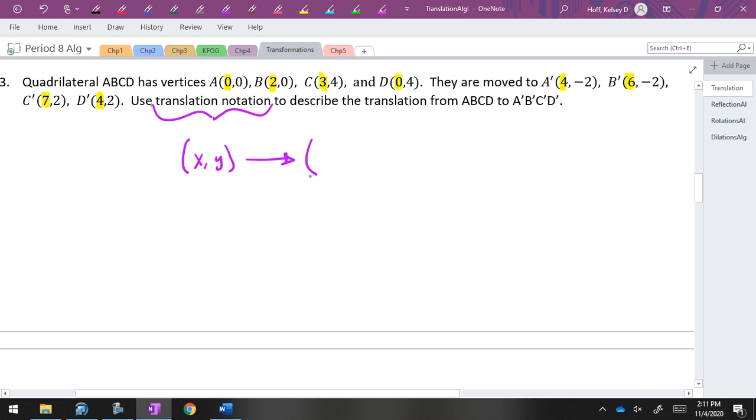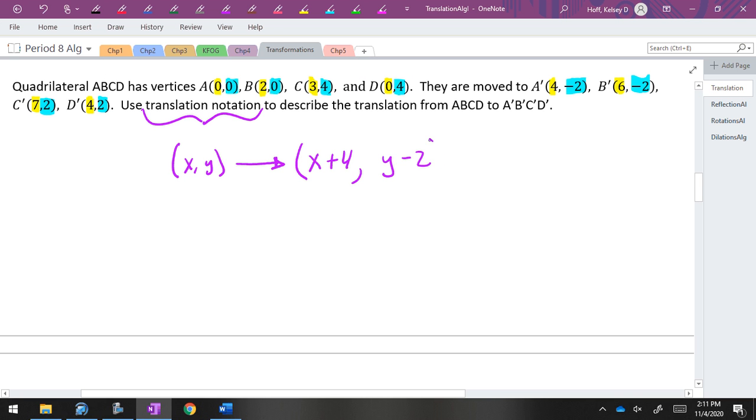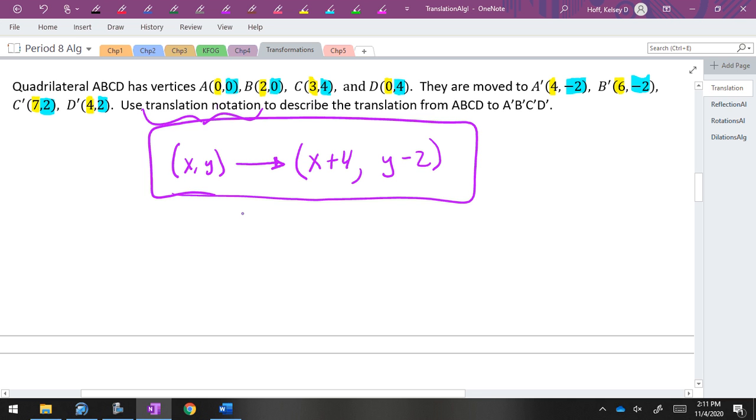So your X value, you need to add 4. Translation notation is just saying, write me the rule. So now look at your Y's. Subtracted 2. Okay, so you write Y minus 2. That entire piece is translation notation. Take your original point, and then you're telling them, add 4 to your X, subtract 2 from your Y.